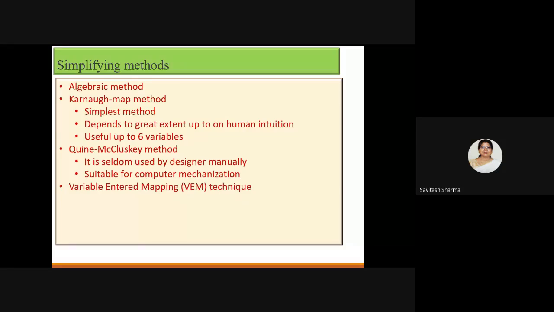In your course no method is mentioned except K-map, but I will tell you a little about Quine-McCluskey. We will concentrate more on the algebraic method and the Karnaugh map method. If time permits, I will go to the Quine-McCluskey method.